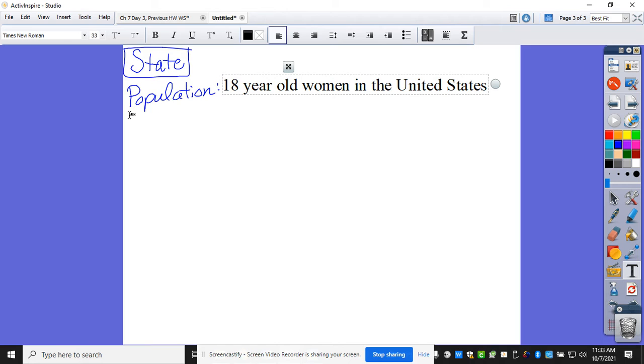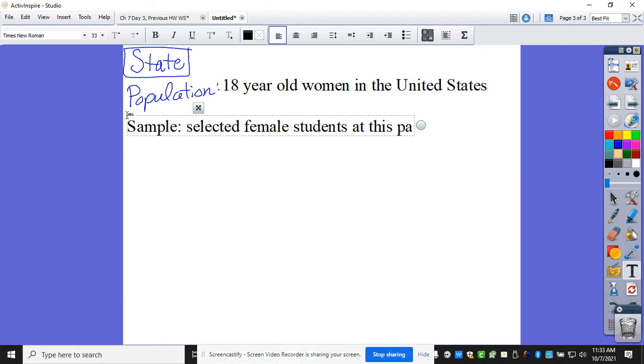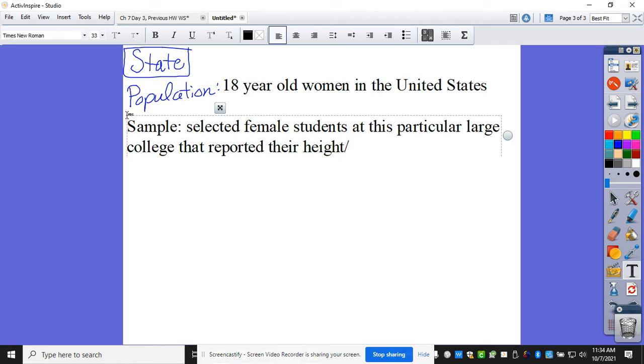So what's most important here is, what is our sample? Good. That what? Yours might be worded slightly different than that, but getting to the exact same thing there.